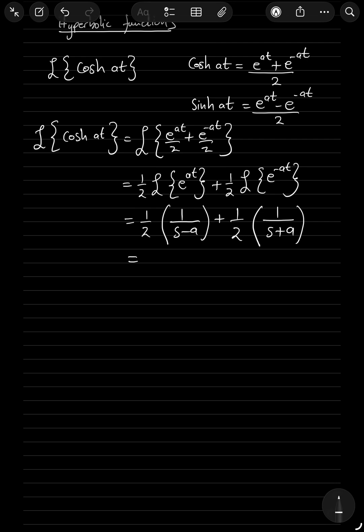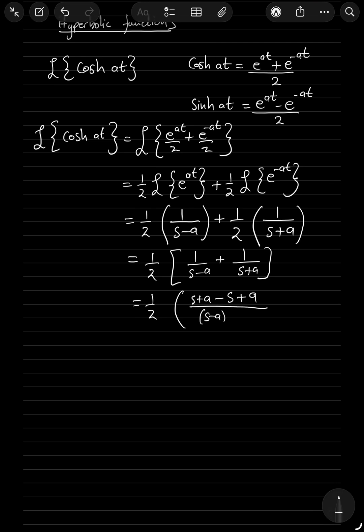You can factor out half, whatever way you use to combine these two functions, it's okay. You just factor out half, and then when you combine those functions, you're going to get s plus a minus s plus a over s minus a times s plus a, right?